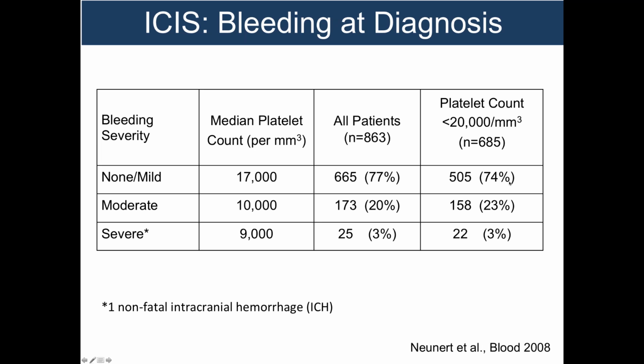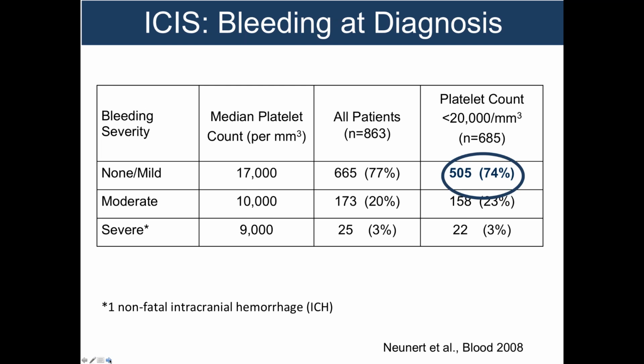It's still 74%. So regardless of the platelet count, the majority of children are going to present with findings of no or mild bleeding, and this was really defined as that which wasn't requiring an intervention or impacting the patient. And of this whole group, there was only one non-fatal intracranial hemorrhage at the time of presentation.